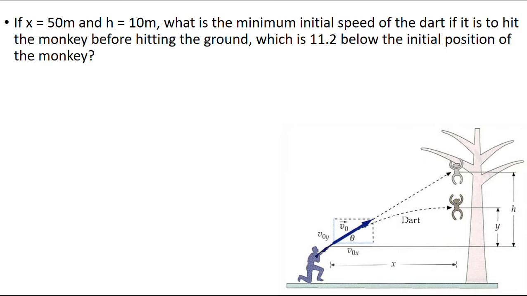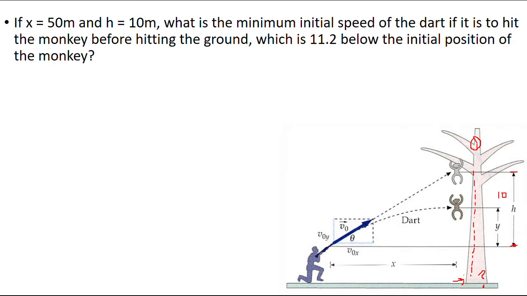So first of all, we need to figure out how long it takes the monkey to fall down. I'm gonna write out 1 here. We need to know how long it takes for it to arrive at the floor, up to this point over here. From here, we know that h is gonna be 10 meters from the beginning. That's from here to here.